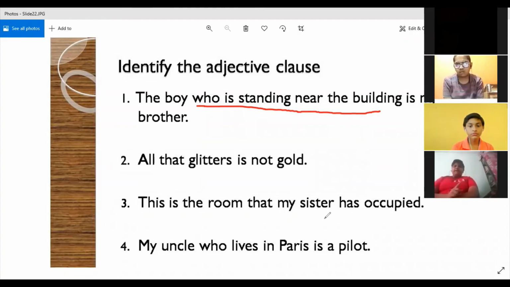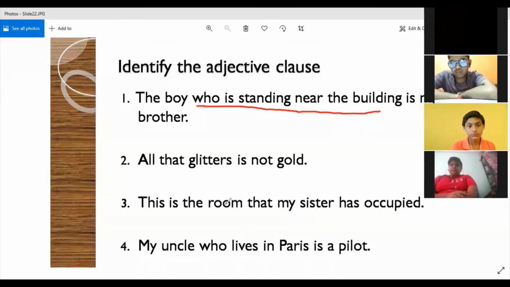Ma'am, all that glitter is non-subordinate clause. What did I tell you? A subordinate clause begins with a subordinating conjunction. So do you think all is a subordinating conjunction? Can you identify a subordinating conjunction in this sentence?